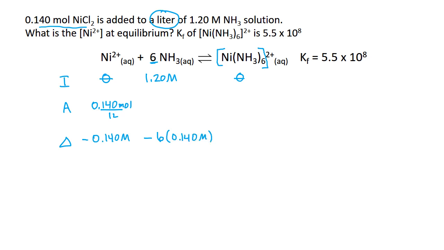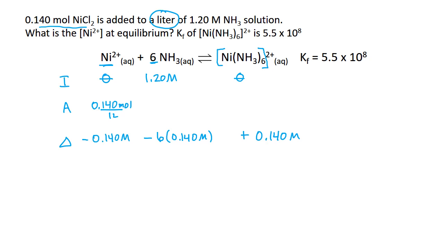Again, it's because 6 of these are going to react with the nickel, and so I need 6 times as many ammonia reacting. If they're reacting on the reactant side, that means on the product side they have to be added. And there's 1 mole of this, this is going to be 0.140 molar, right? So I'm adding these.